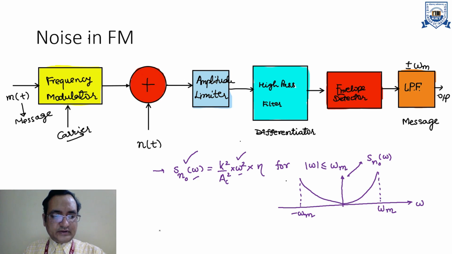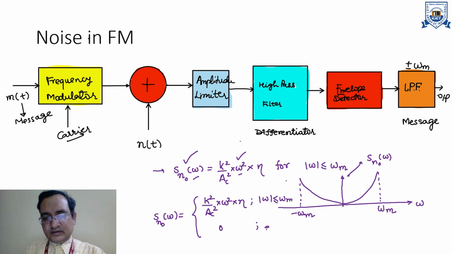So we can also write S of n naught omega mathematically as k square upon AC square into omega square into eta for mod of omega less than or equal to omega m. Elsewhere it is 0.